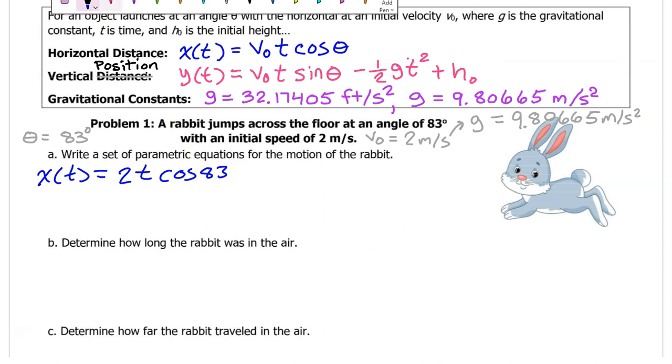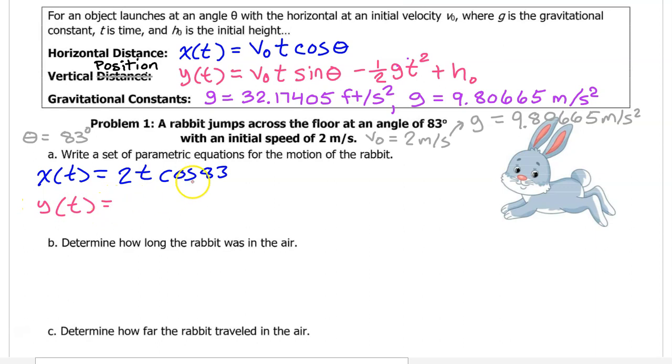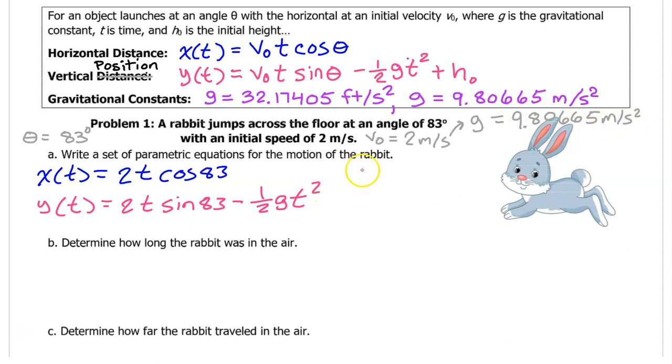And then the vertical position is y of t, which is going to equal 2t sine theta, subtracting the 1/2 g t squared, and again I'm using this g right here, and then plus the initial height. He's jumping across the floor, so the initial height is 0, which we don't need to show.